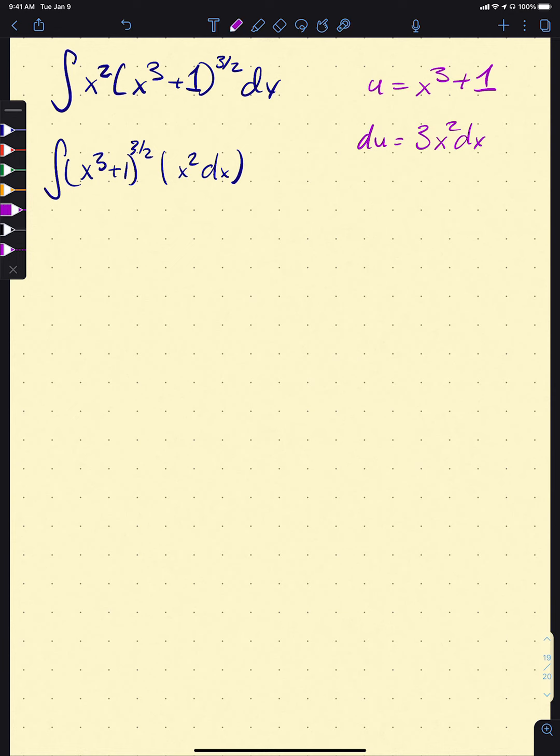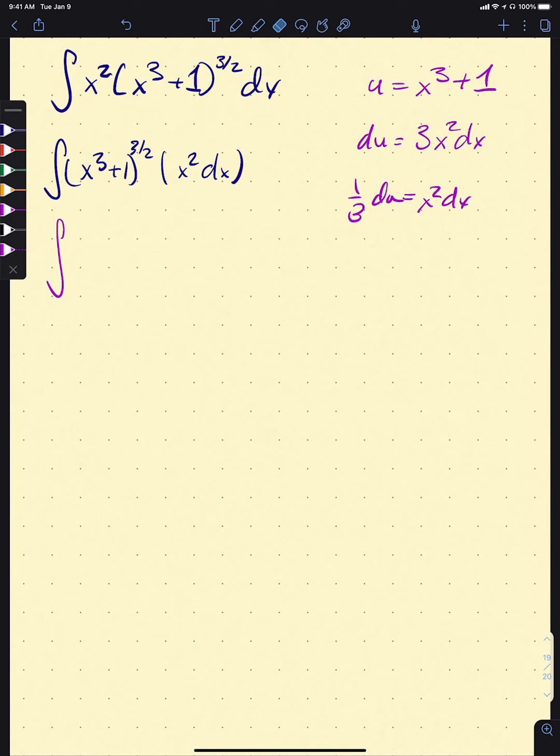There are a number of different ways to handle this, but they are all exactly the same. The way that I prefer to think of it is saying, well, this means that x squared dx is 1/3 du. And now I can perform my substitution directly.